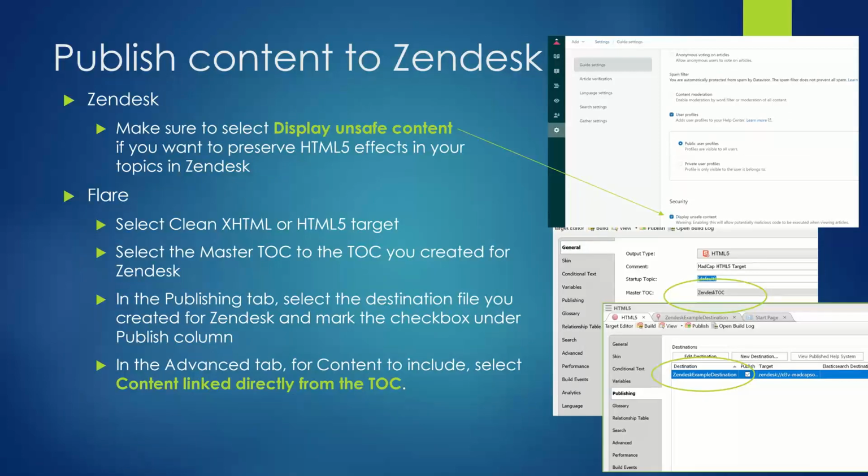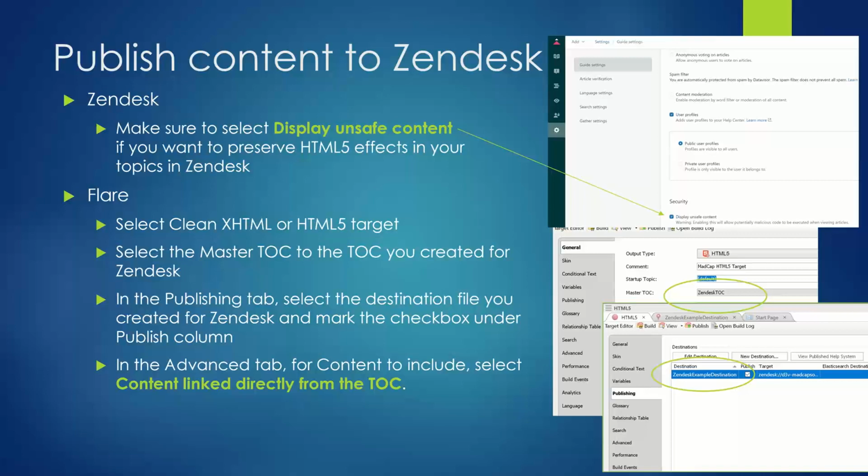Next, publishing content to Zendesk. Some things to keep in mind when publishing content to Zendesk include selecting the display unsaved content checkbox in Zendesk. To do this, you have to be in the guide admin and then select settings, then go to the general settings tab and select display unsaved content under security.